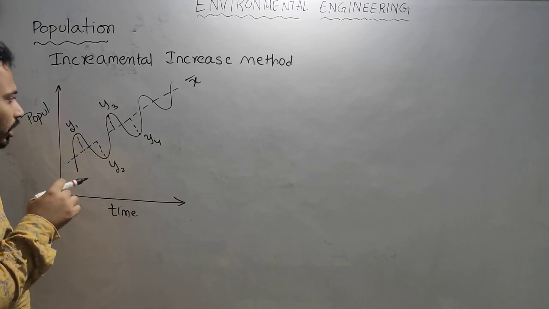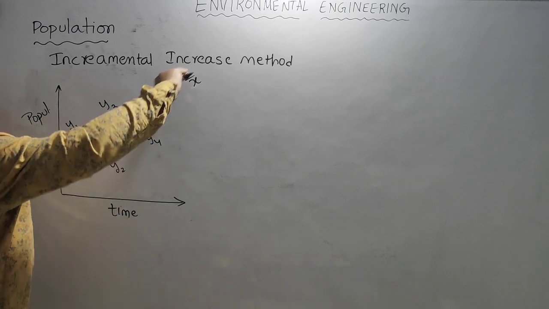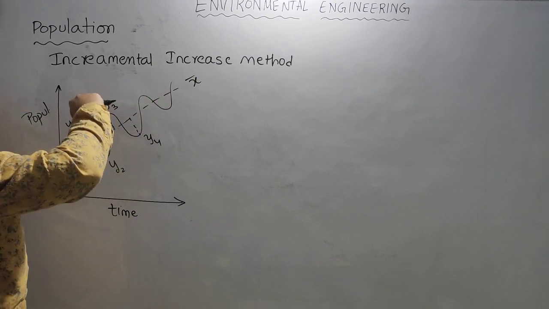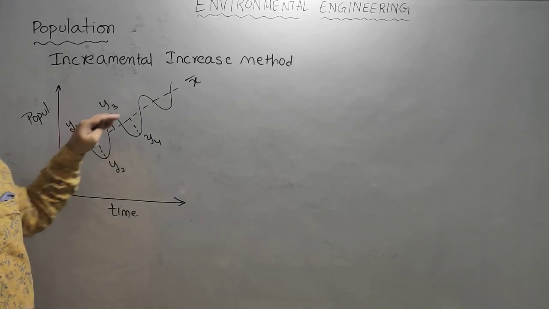Similarly here, earlier we confined it up to this, but now I am moving up and down also. That means I am enhancing my accuracy of forecasting of population, because here the population is very erratic. I cannot confine myself to X bar.